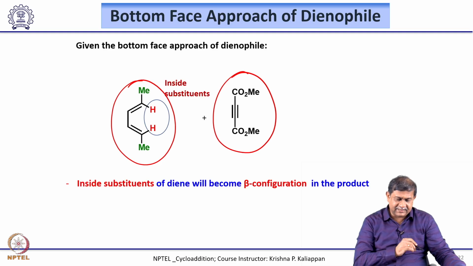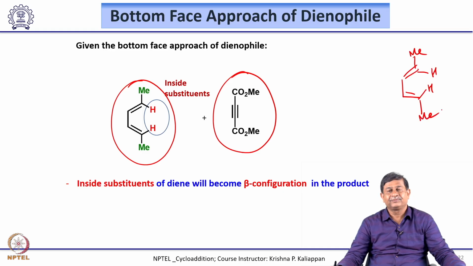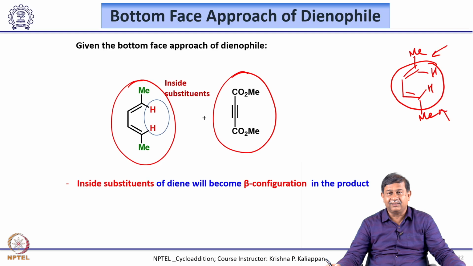First you look at the diene and you draw a circle. For example, you have 1,4-dimethyl butadiene. Now, can you draw a circle? When you draw this circle, you will see that at the terminal carbon there are two substituents.